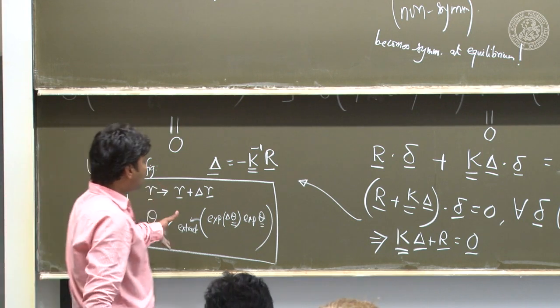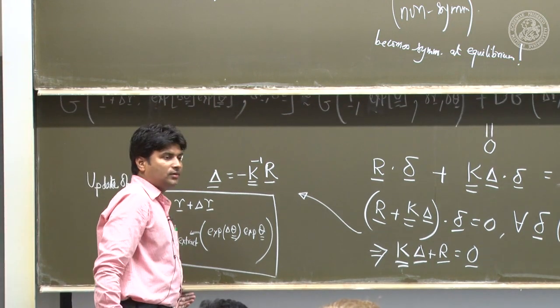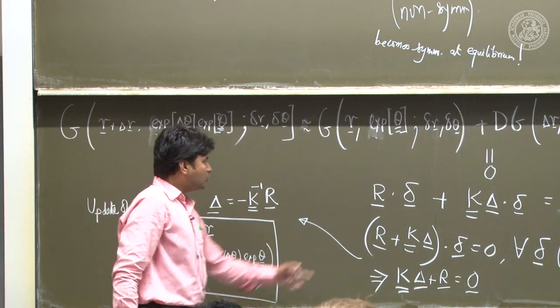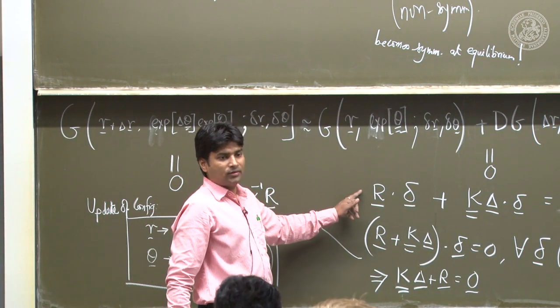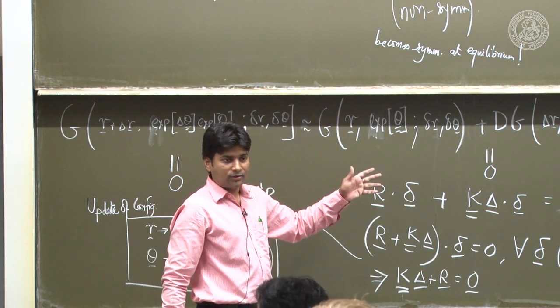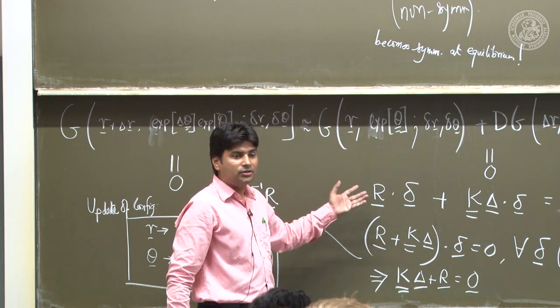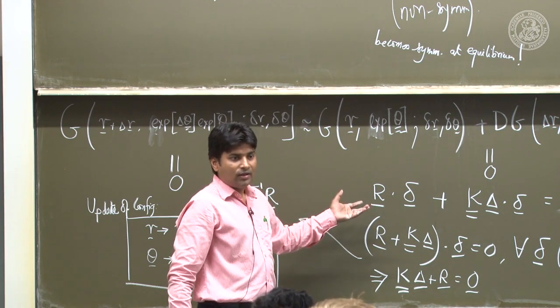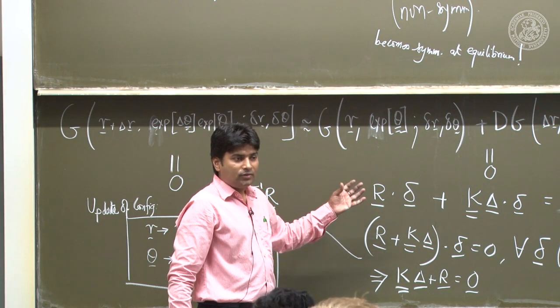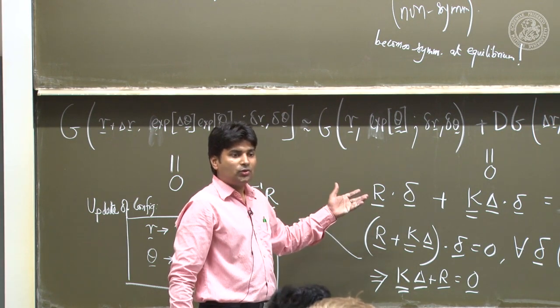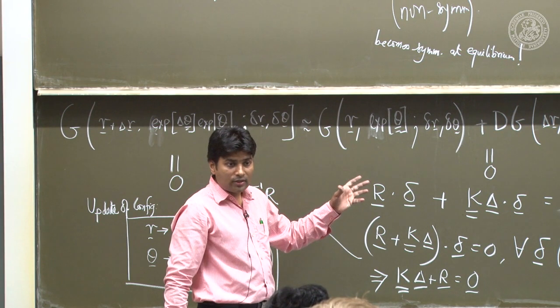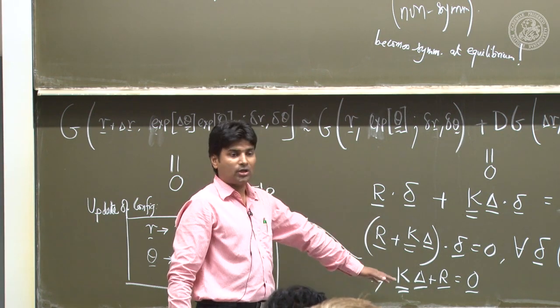Once you have updated your configuration, then you find your big R again by the assembling process, find your residual vector again and check whether it is 0. If it is close to 0, or close to some tolerance, then you stop your Newton-Raphson.